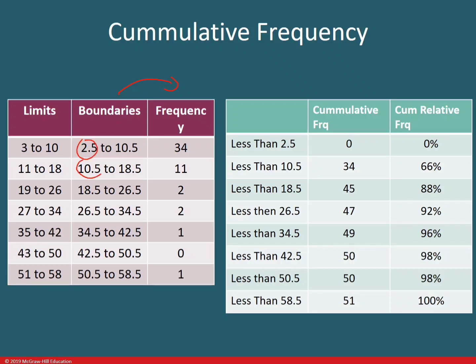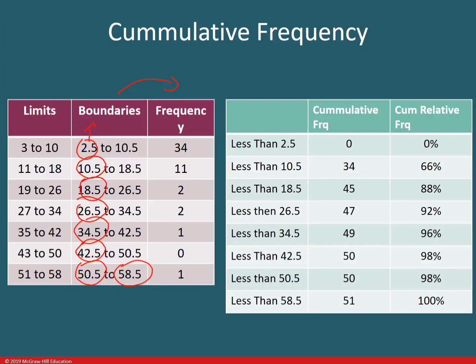So we have 2.5, 10.5, 18.5, 26.5, 34.5, 42.5, 50.5, and our final boundary, which is 58.5. We're going to use all 8 of those, and we're going to see how many are less than each, right? And the idea is I have 34 states between 2.5 and 10.5. So how many are less than 2.5?